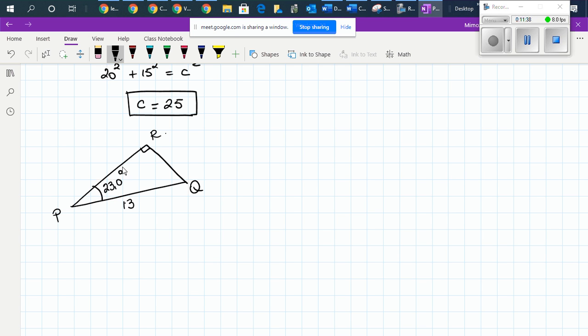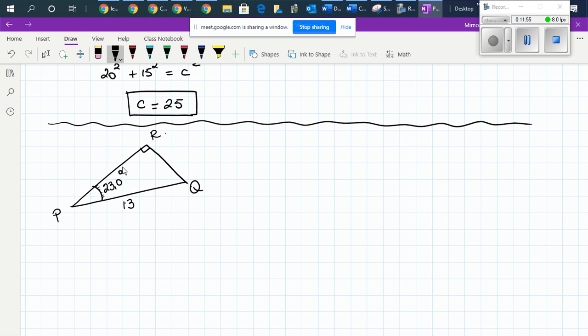So we are solving the right angle triangle, finding all the angles and all the sides. The angle that is given is angle P.